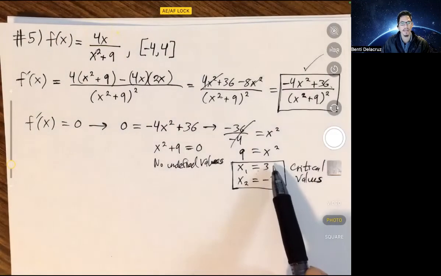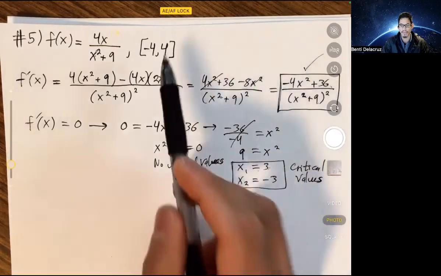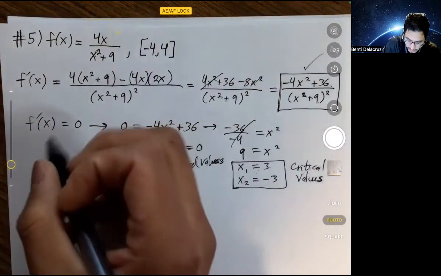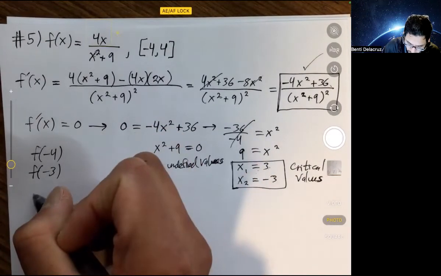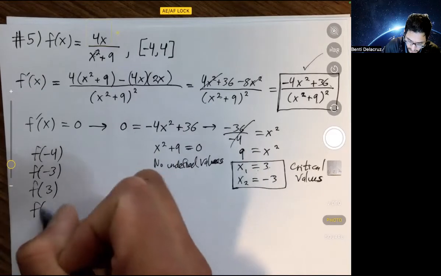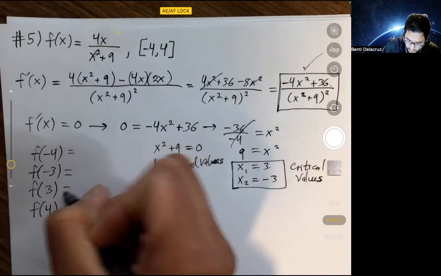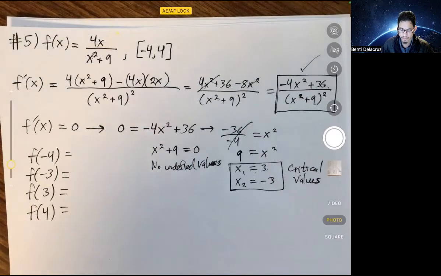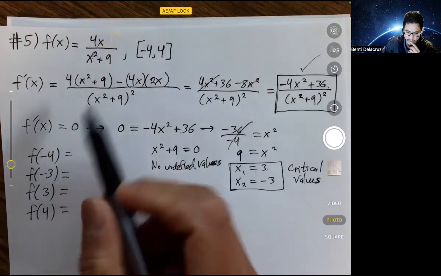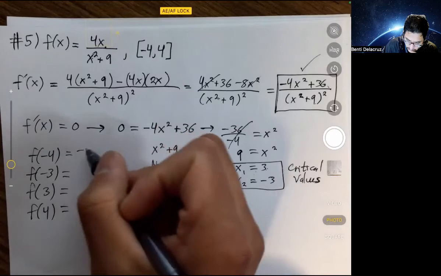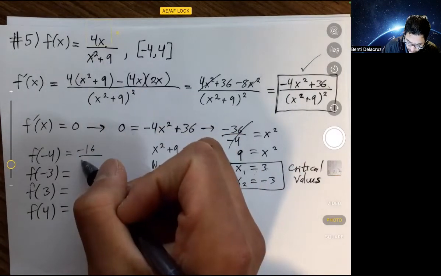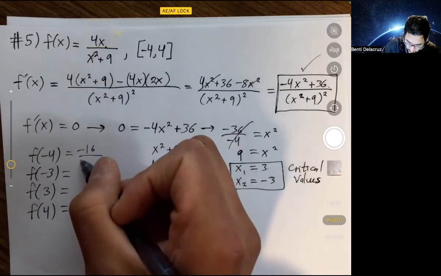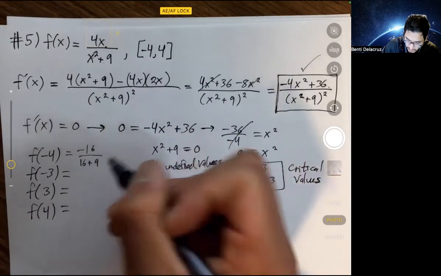So we just want to test what the function values are at -3, 3, and at the endpoints, so -4 and 4. And then let's compare them. So let's go in order: f of -4, f of -3, f of 3, and f of 4. All right, so plug -4 into the function. So -16 over 16 plus 9, so 25.